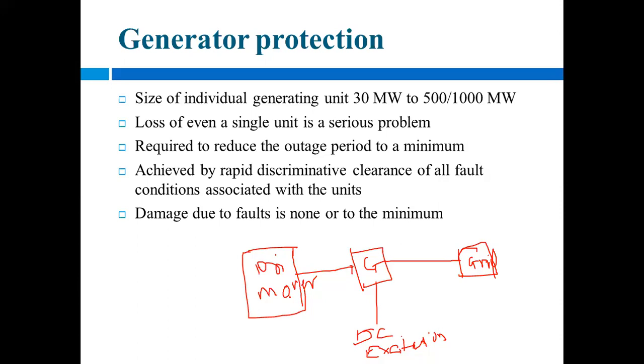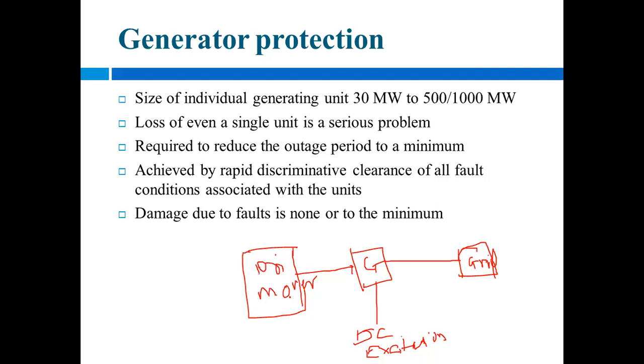We are actually using different generators, like backup protection, because in our power system the load is varying continuously. We are not using the same load in the morning, in the afternoon and in the evening.